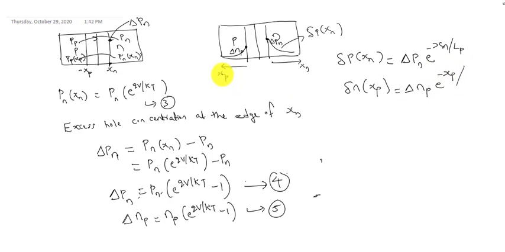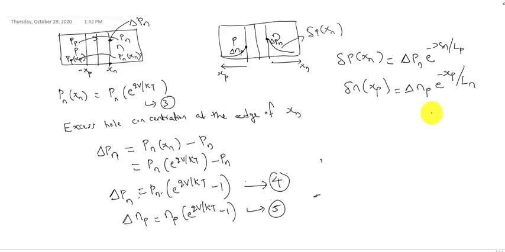It is diffusing in the Xp direction. Electrons are diffusing, so we have to consider the diffusion length of electrons, that is Ln. So these are the solutions of the diffusion equations for electrons and holes.